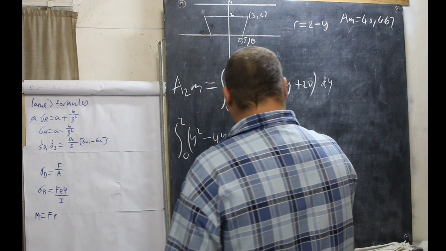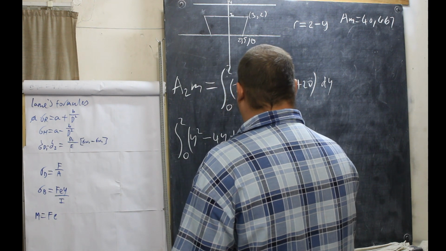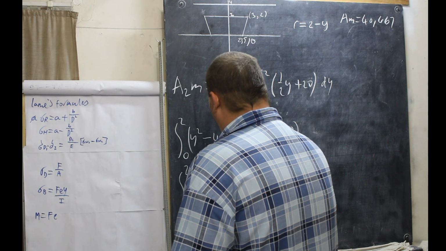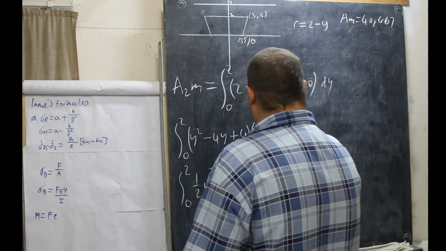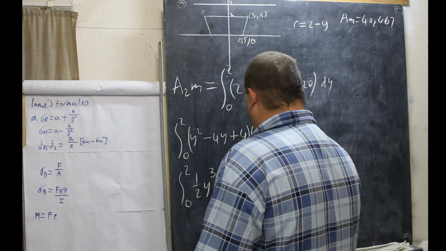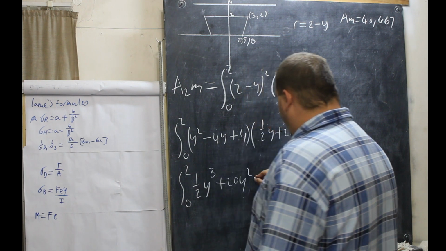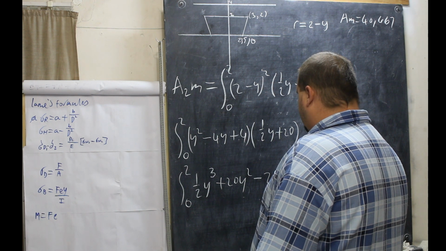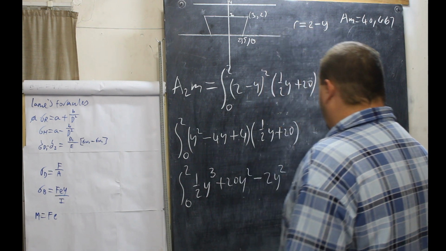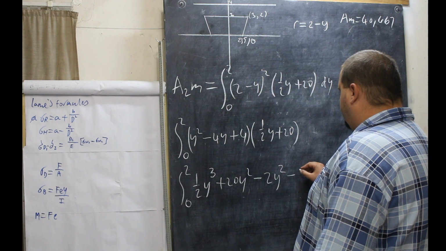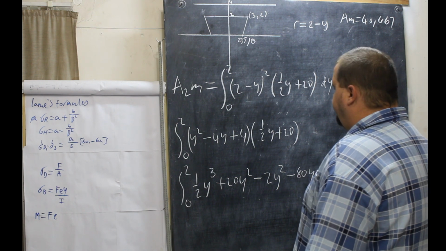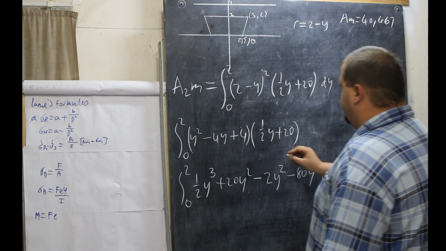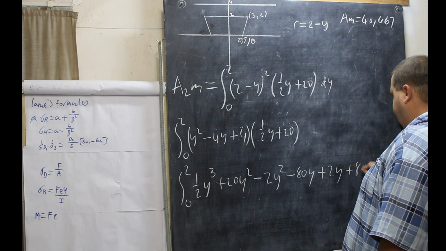Alright, so y squared times a half y, integrate, so this is a half y cubed plus 20y squared, minus 2y squared, minus 80y, plus 2y, plus 80.